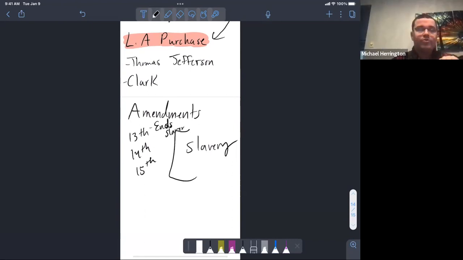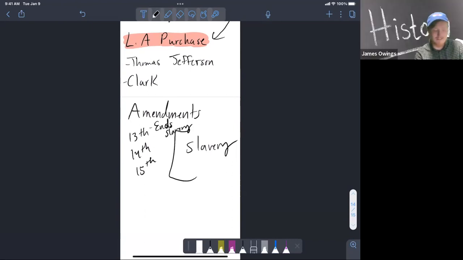Pretty big detail. The 14th one actually gives slaves, or I should say freed slaves, citizenship. So now you're not just a freed slave, now you are a citizen of the United States. Okay. The 15th one is that freed slaves who are now citizens also have the right to vote.